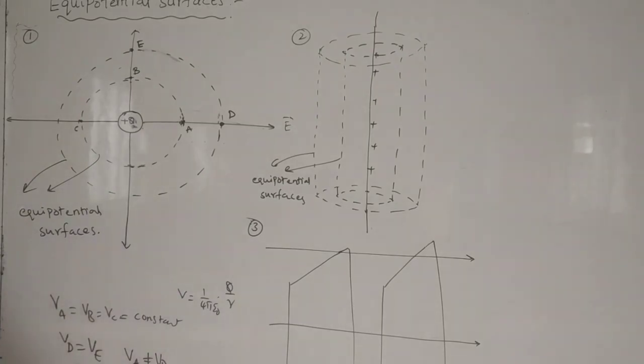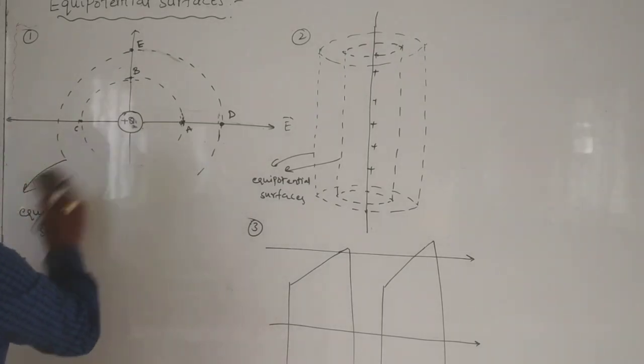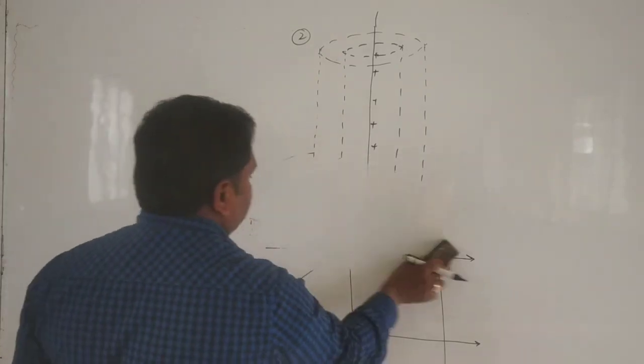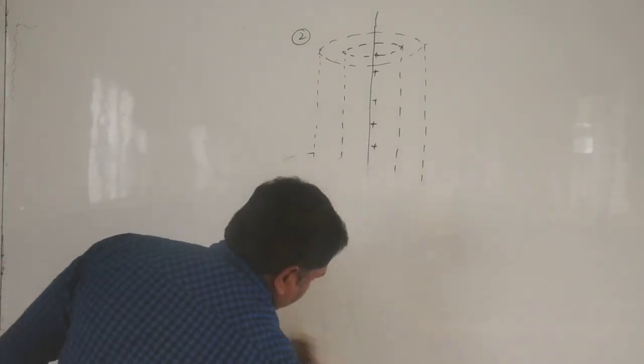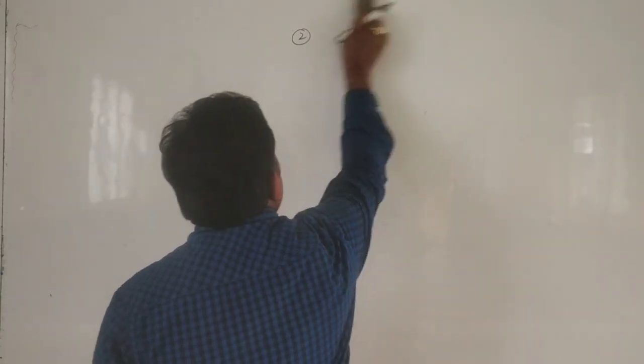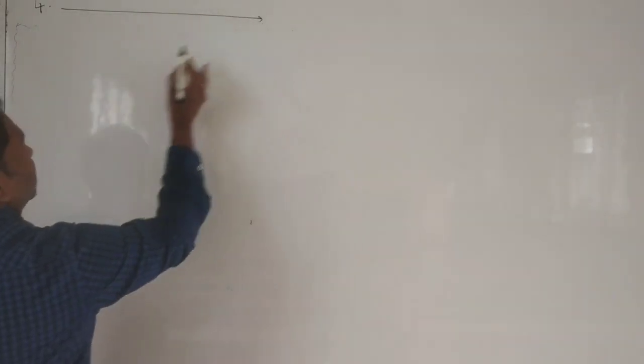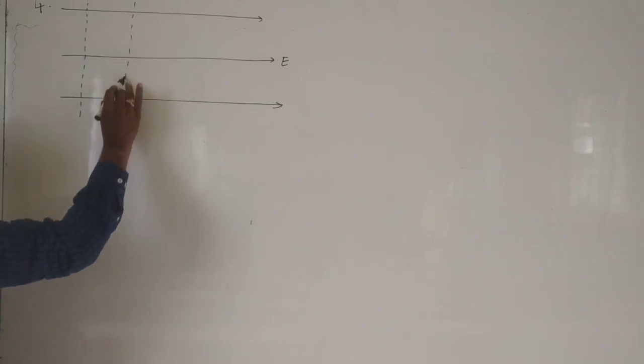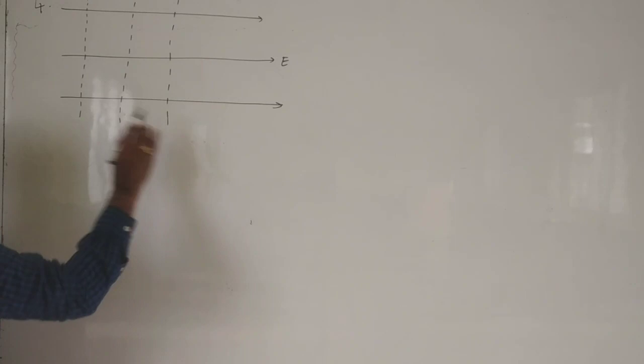Next, fourth point. Suppose the electric field is in this direction, and these are one equipotential surface, another equipotential surface, another equipotential surface.